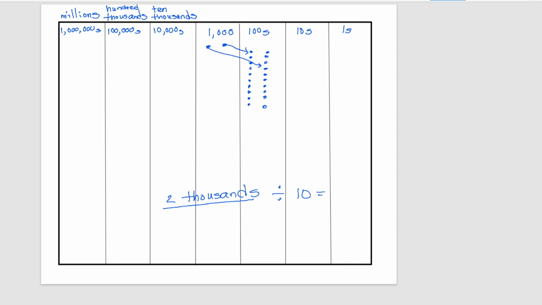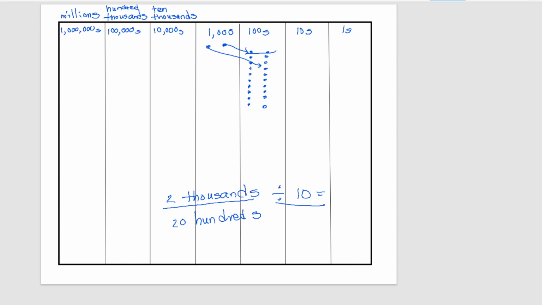So now we have 20 hundreds. And we're going to divide it into 10 equal size groups.